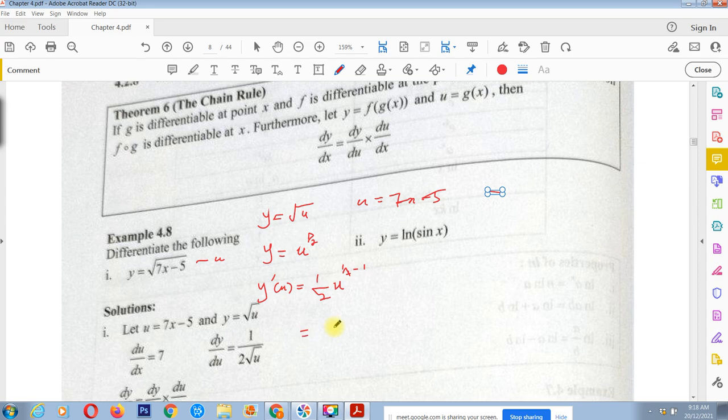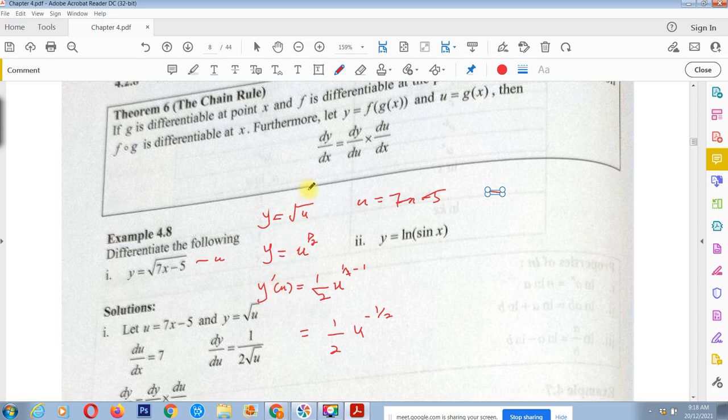Simplify: 1 over 2 times u to the negative 1 over 2. So this is dy du.